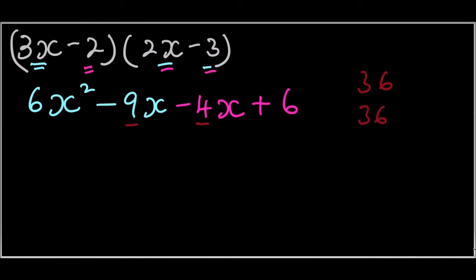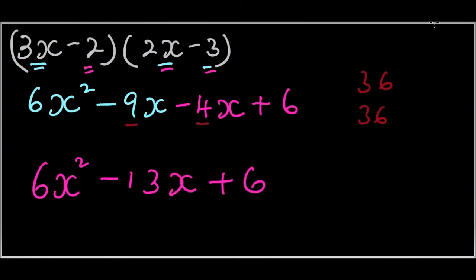What about if you add? It is going to give us minus 13x. So let's see what we get from our expansion. We will be able to see that this is the same as 6x squared minus 14x, not minus 14, but minus 13x, that's a correction, plus 6.